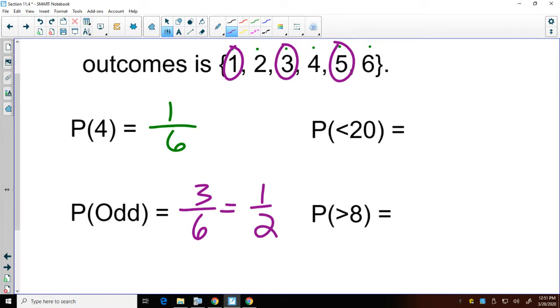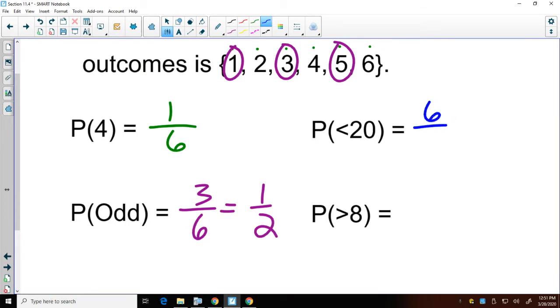There we go. So over here, what's the probability of rolling a number that is less than 20? So what answers are less than 20 up there? Well, if you said all of them, you are correct. So how many ways can this event happen? Well, we just said all those answers up there are possible. So that's 6.